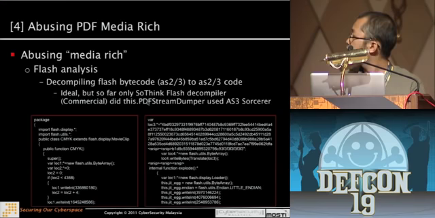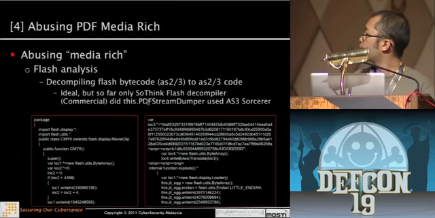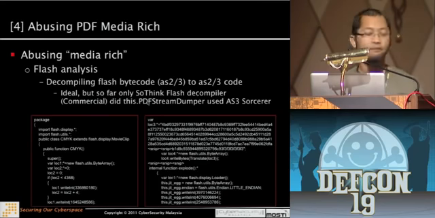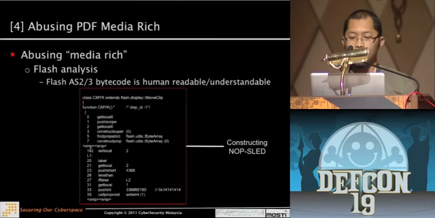So Trillix Flash Decompiler has a decompiler for this one, and PDF Stream Dumper has another proprietary tool as well called AS3 Sorcerer. So this is pretty much what the decompiled code looks like in AS3. It's pretty much AS3 code here.